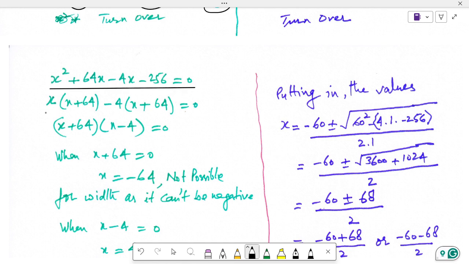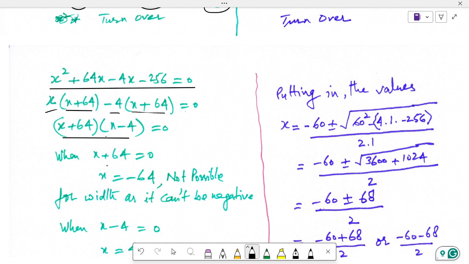x is taken common from the first two terms, and in the bracket is left x plus 64. Minus 4 is taken common from the second two terms, and in the bracket we are left with x plus 64, equal to 0. And then we take x plus 64 common, and the remaining x minus 4 is also a factor of the equation.